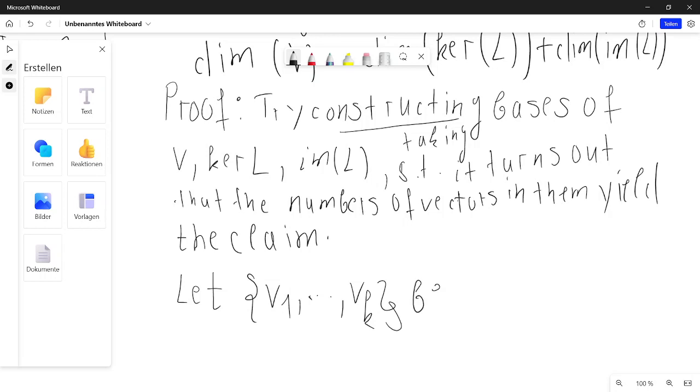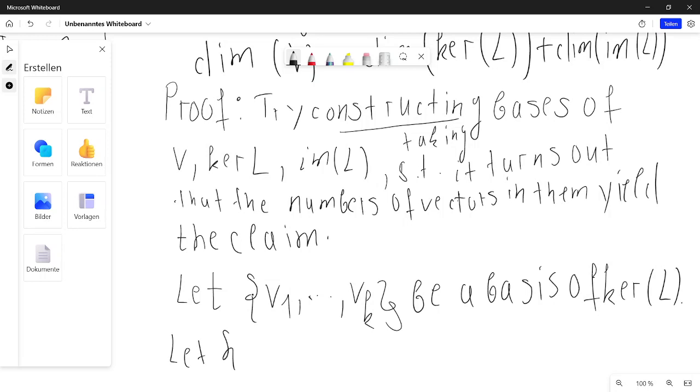Of P basis of kernel of L, let W. Wait. We don't know if this thing isn't actually infinite dimensional, but of course we know.